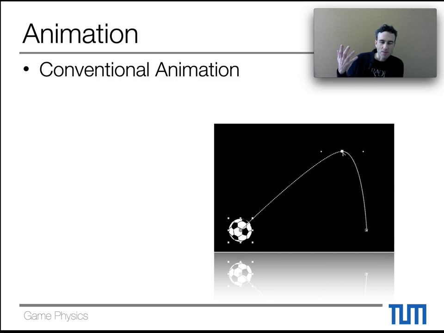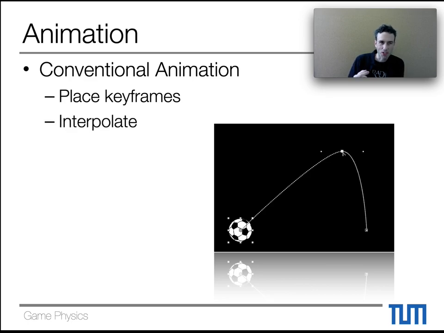So one of the most traditional ways to move things, especially for example for movies, is keyframe animation. So here's a nice example of a ball. It's essentially a bitmap, and we place certain keyframes over time. If we're smart, we don't place one for every single frame of a 100-frame sequence or so, but we place a few and then interpolate a smooth trajectory across these.